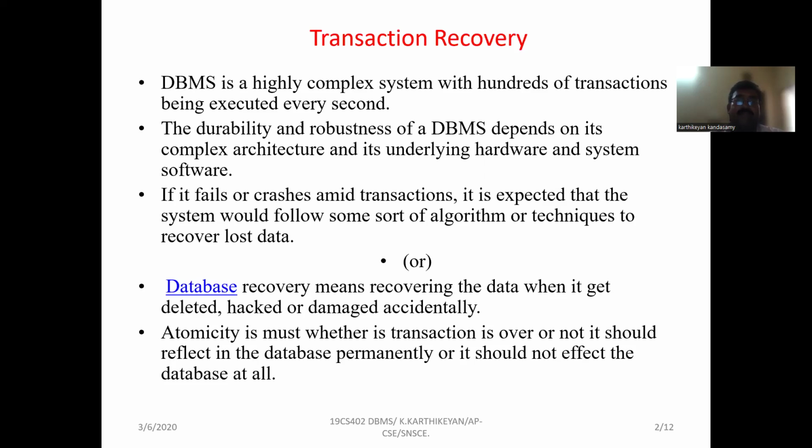I enter my ATM card into the ATM system and enter the PIN number. Before my transaction completes, due to some failure, for example internet failure or electrical failure, the system crashes because of hardware failure or software failure.